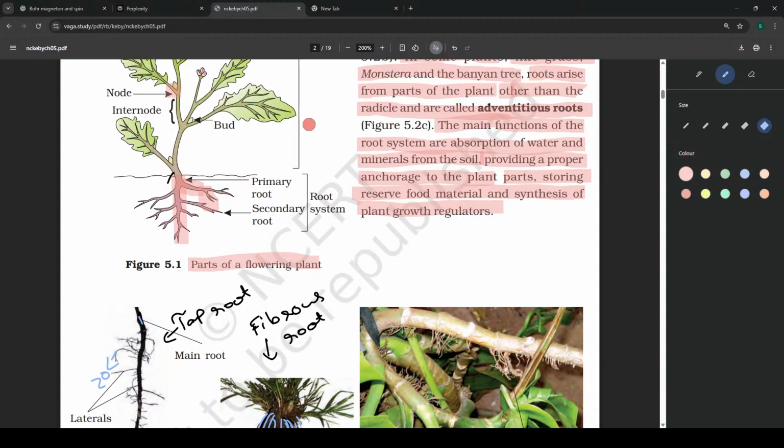And the third function is storing reserve food material. This we see in case of carrot. Carrot has stored food material. And the fourth main function is synthesis of plant growth regulators.